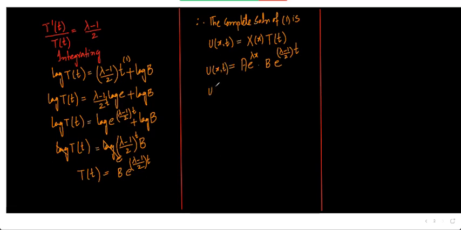Now u of x comma t can also be written as, look, a is a constant, and even b is a constant. I want to write them together as one constant. And now here you can see e to the power lambda x into e to the power lambda minus 1 by 2 t.